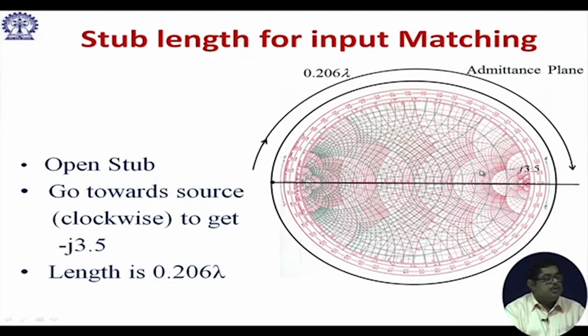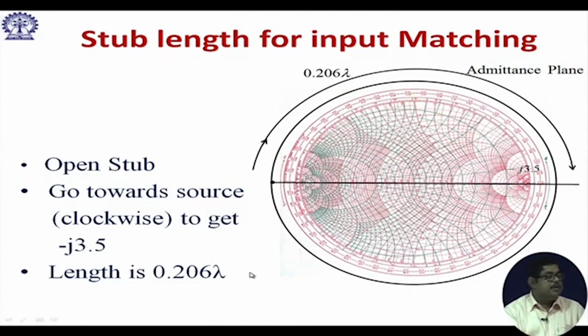Here we have taken an open stub. For open, on the admittance scale, this is my open circuit. So I need to go how much? You see, this is my minus j 3.5. If I take this, it is 0.206 lambda. So the length is 0.206 lambda.